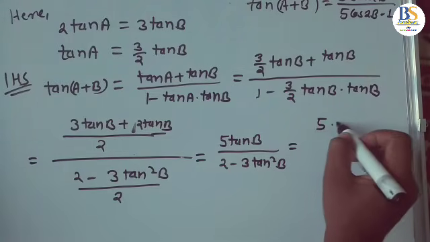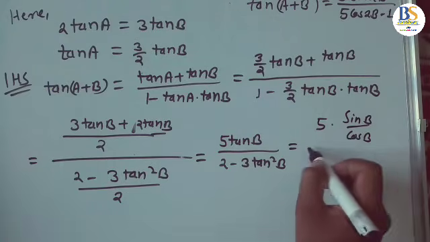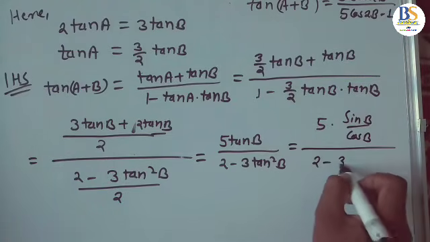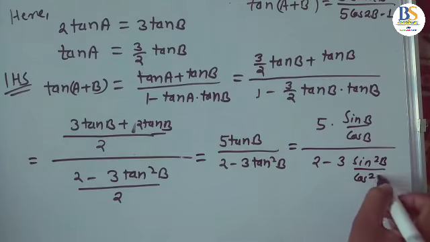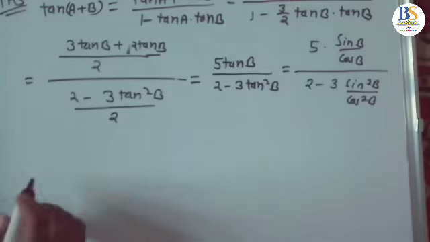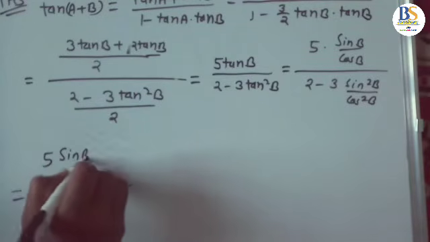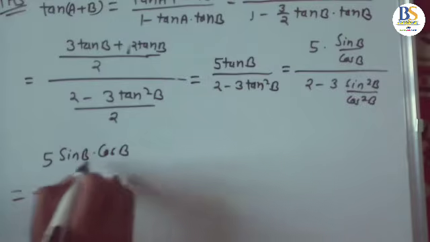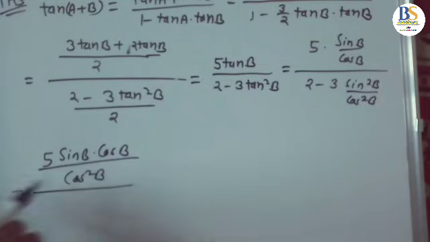This is equal to 5 sin b upon cos b divided by 2 minus 3 sin square b upon cos square b. Okay, we can write here 5 sin b cos b divided by cos square b. Cos cancels out. This is the same as the previous step.